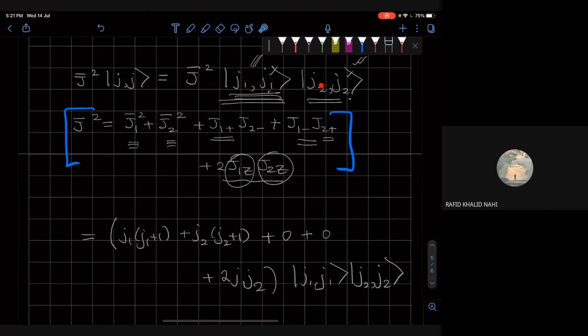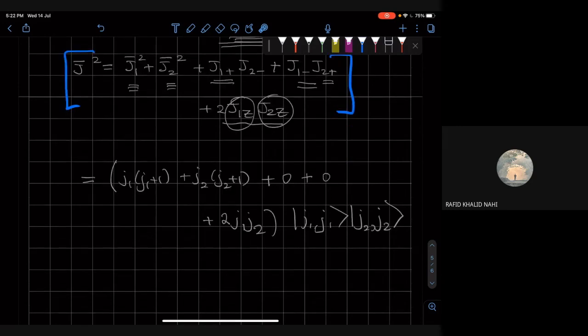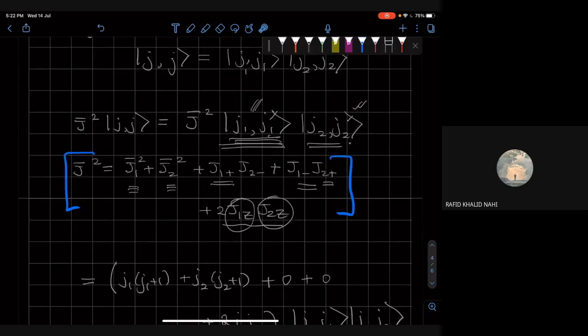J2 will act only on the second one, depending on which Hilbert spaces they live in. Whereas this guy will act on both Hilbert spaces because it's on the tensor product Hilbert space. Exactly, because as the expression shows, it's got factors from both, right?